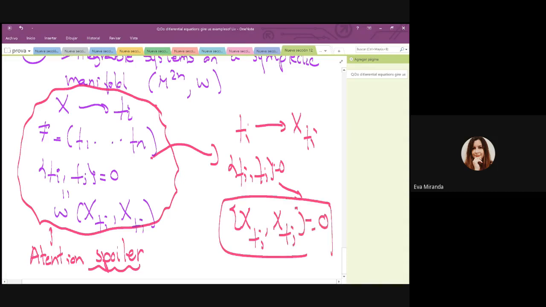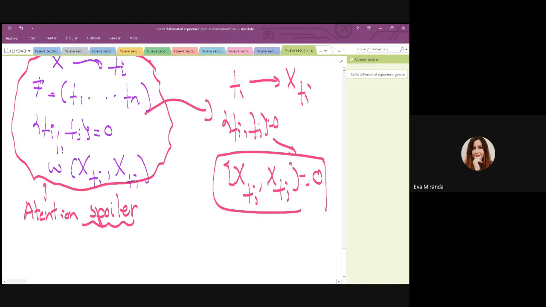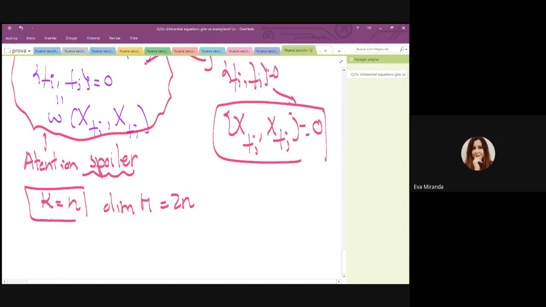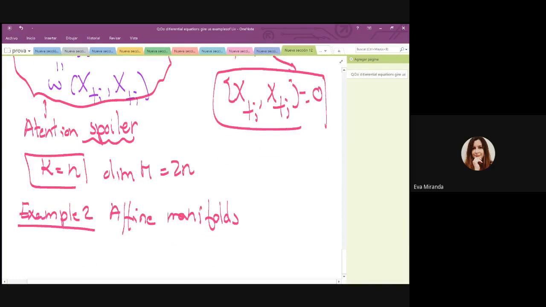So that's a natural example, and in this example, K is equal to n, and the dimension of the manifold is 2n. Another example, example 2, is that of affine manifolds, which are so well known in Riemannian geometry.